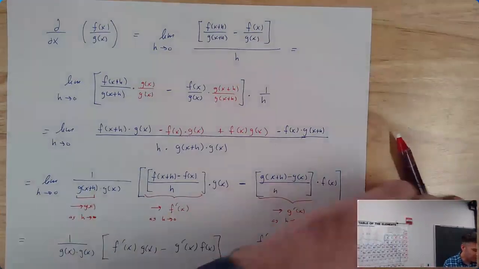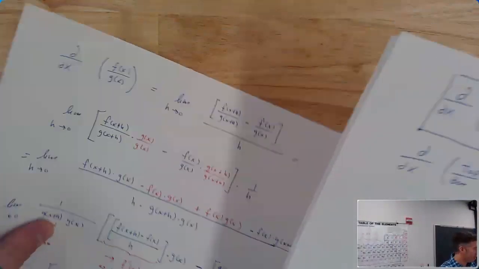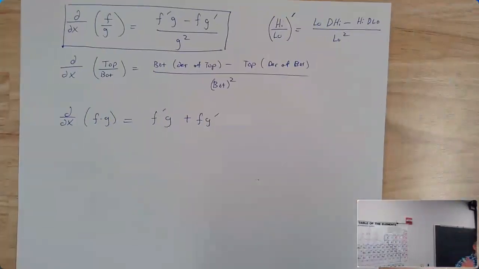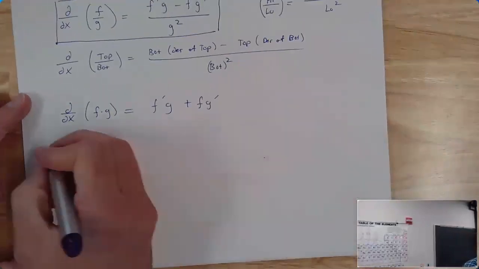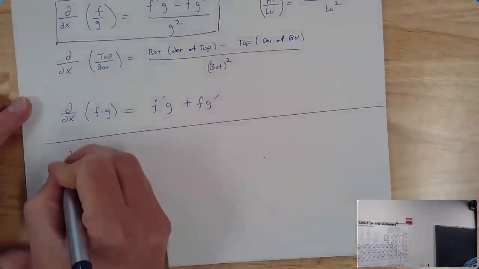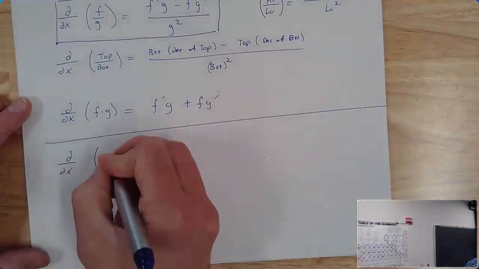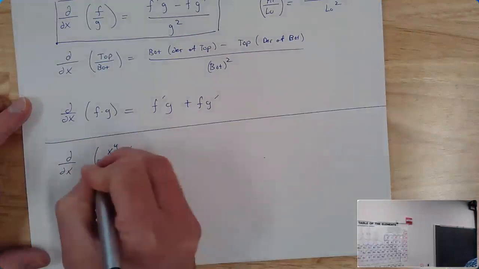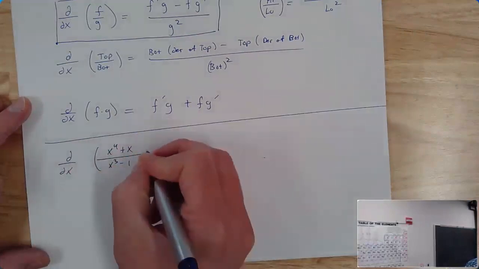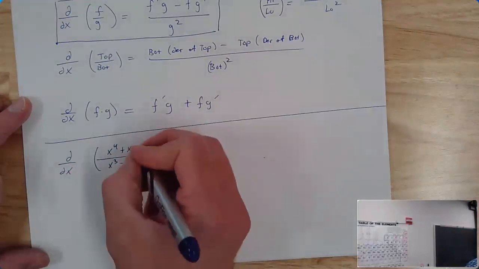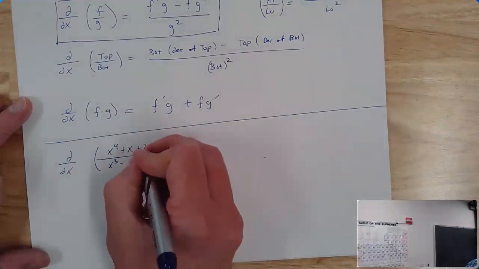Right. So let's do an example. I'm going to apply the quotient rule to an example. For example, we could be asked to find the derivative of x to the fourth plus x over x cubed minus 1. I don't love x to the fourth plus x because I could have factored out an x. Let's make it x to the fourth plus x plus 2.